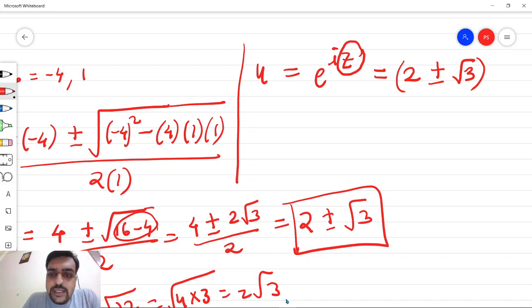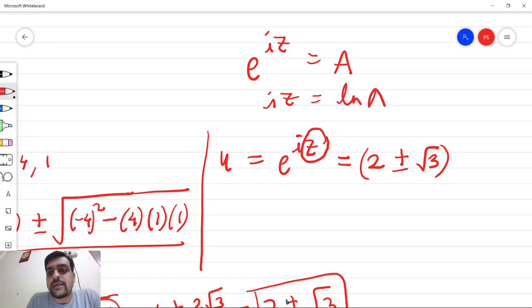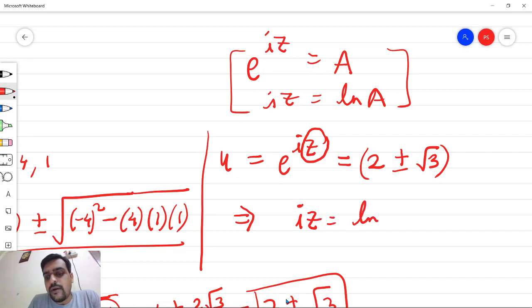So since e raised to iz is some a, then iz would be log of a. This is a simple rule which we have already used. So we can use it here to get iz equal to log of 2 plus or minus root 3.